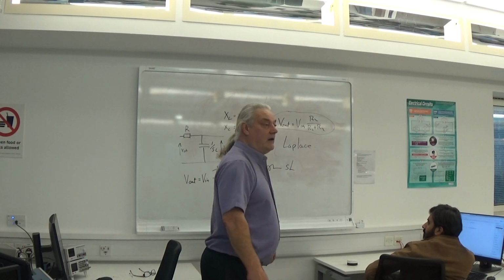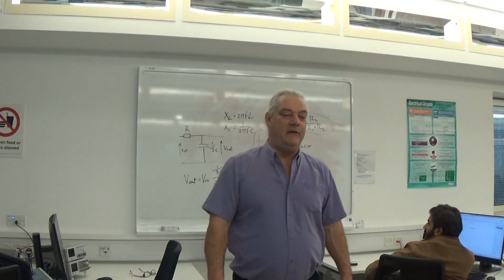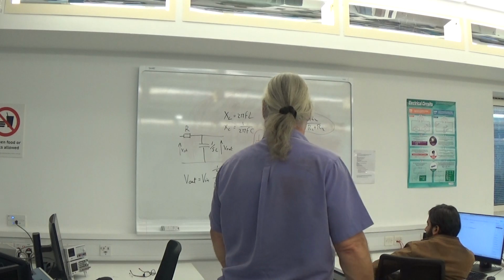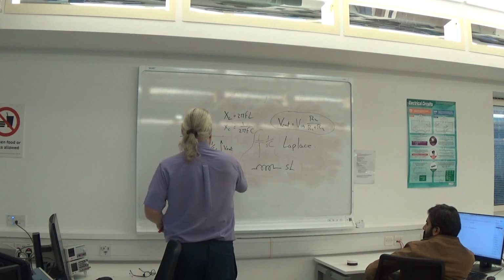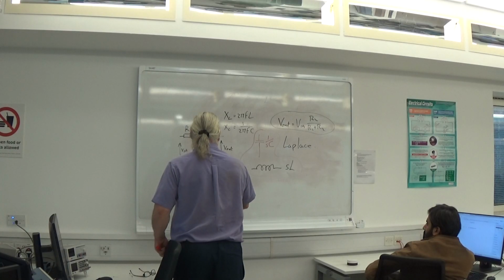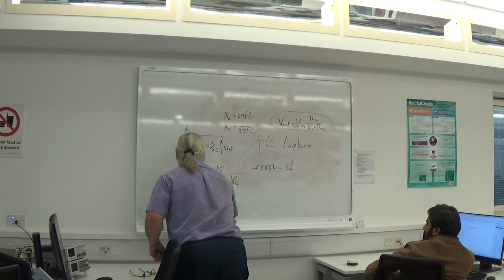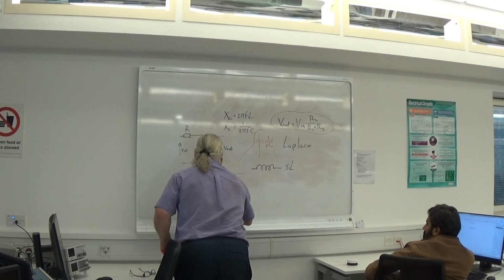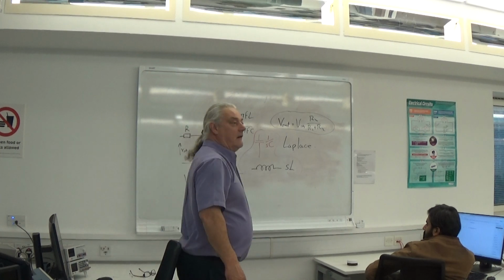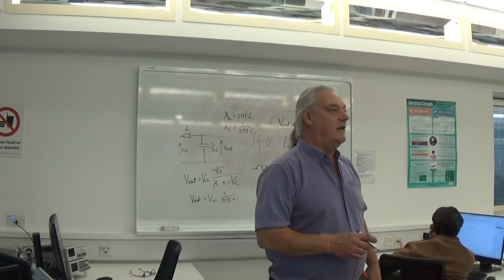So that's my answer. What a mess. What a terrible mess. Well, not really, because what I've got here is I've got SC here, that SC comes down here, and what I end up with is V out is equal to V in 1 upon SCR plus 1. That's what that tells me.